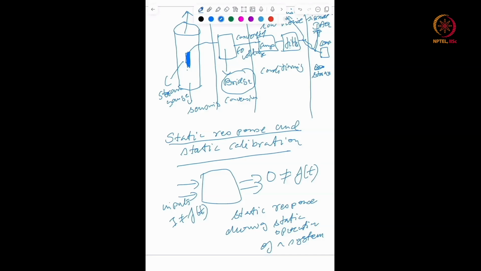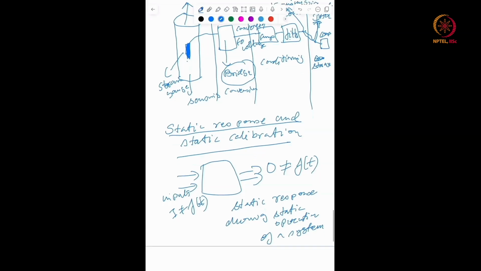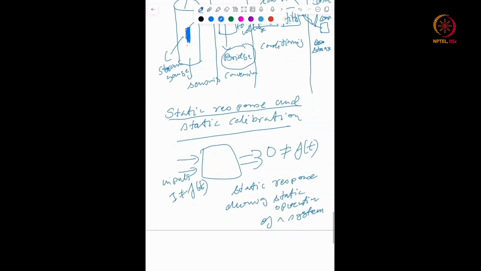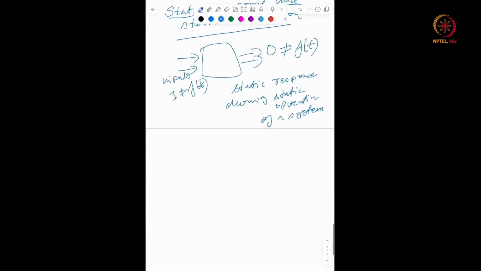That means you provide all the inputs and then you know what the static values are. The values of this input are measured independently by some other instrument whose response is known. We are trying to see the one-to-one mapping between the input and the output in this particular case. That instrument serves as a standard.